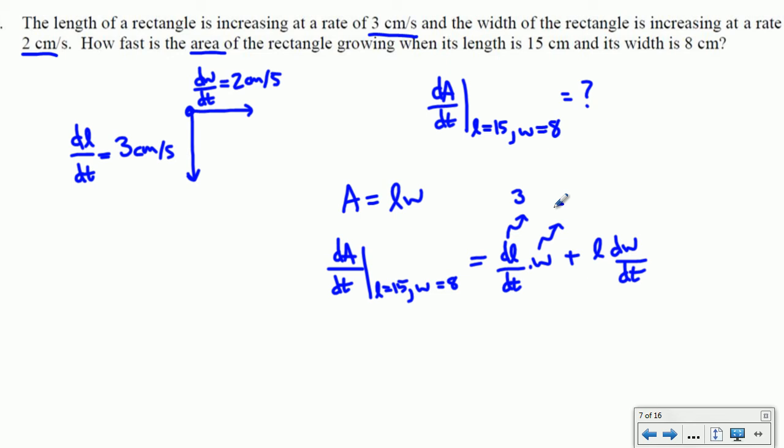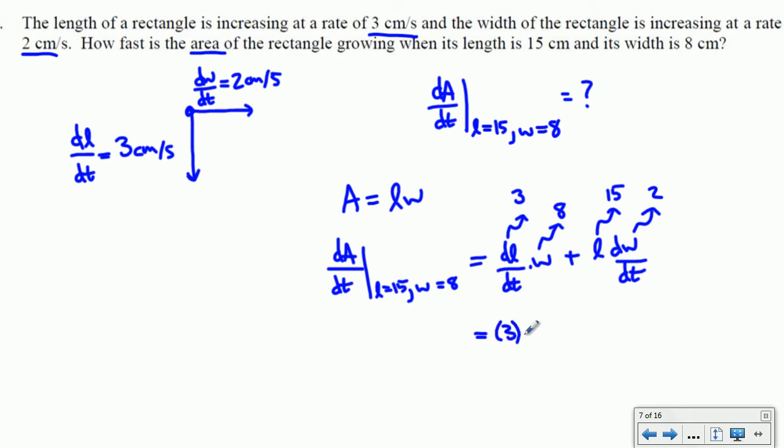W is 8, so that's the point that we're interested in. L is 15. That's the dimension of the rectangle at that point. And then dw dt is here, so that's 2. So just plug and chug.